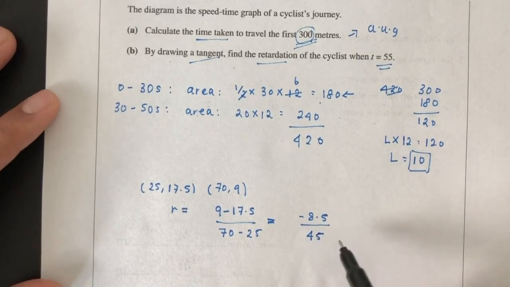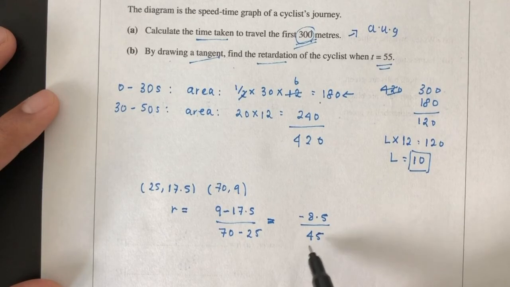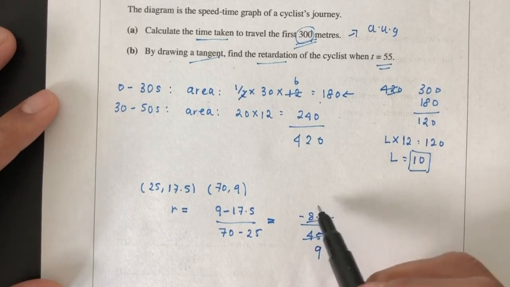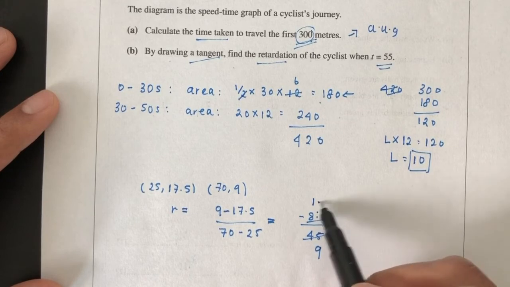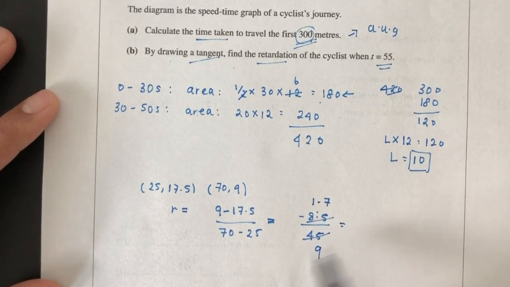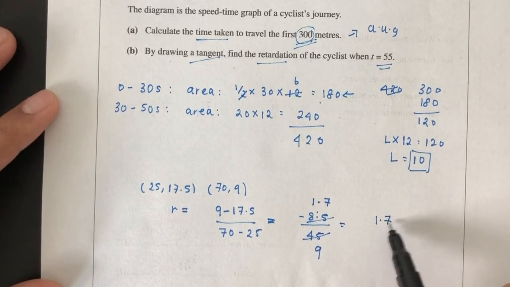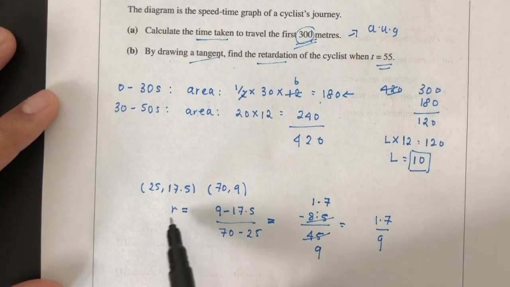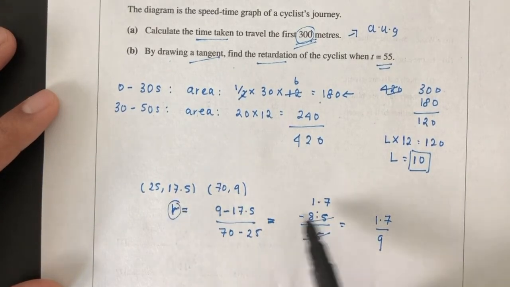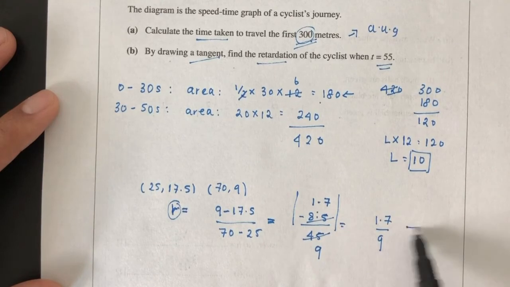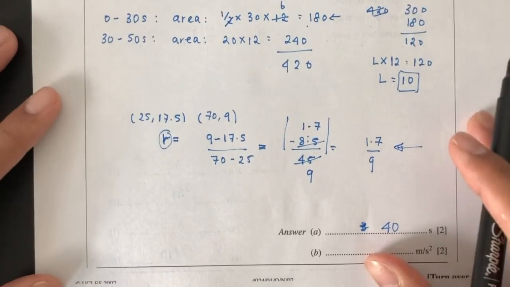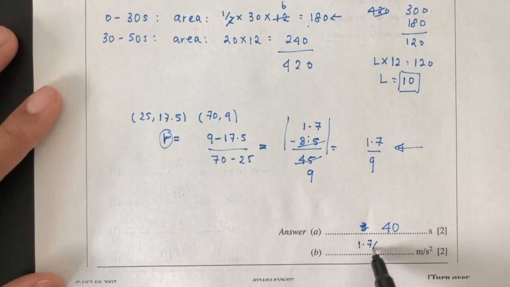We can simplify and divide by 5 just to see what happens. So that will be 9, and this will be 1.7. So retardation will be 1.7 over 9. Because it is retardation already, we take the modulus of the value. So it should be about that. So 1.7 over 9 meters per second squared.